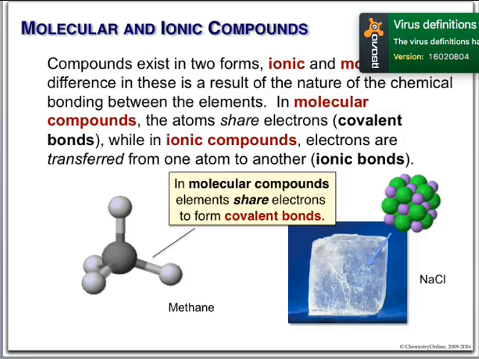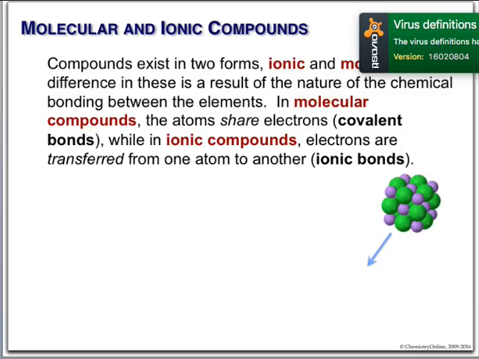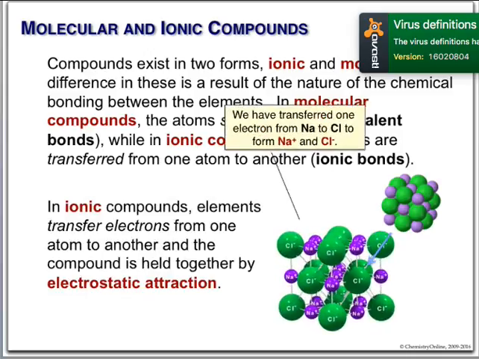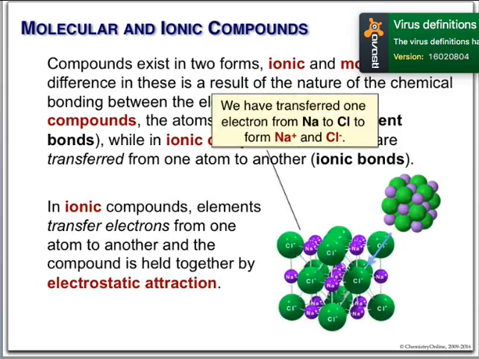The other type of compound is an ionic compound. Remember, we took our Lewis structures and we made ions by adding or subtracting electrons. This is sodium chloride. In sodium chloride, the sodium loses 1 electron to make sodium plus, and the chlorine picks it up to make Cl minus.